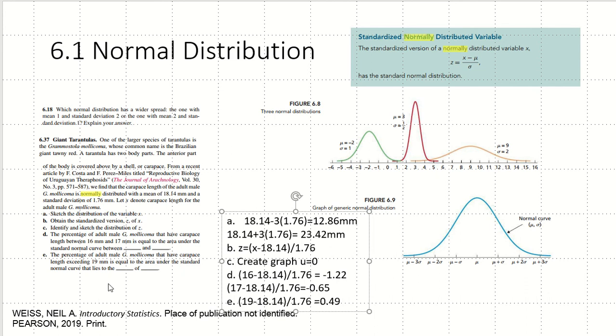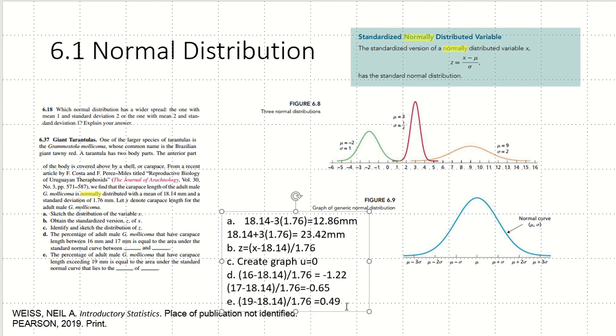And so 19, if we created the graph, you'll see that 18 is in the middle, and then the 19 would be right here. And so it's saying anything exceeding, greater than, so it'll be moving towards the right.